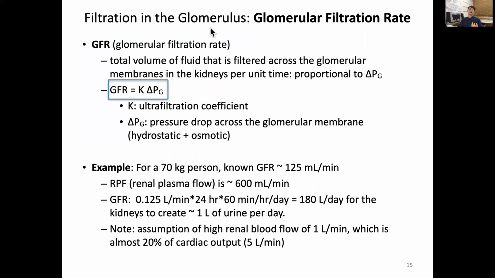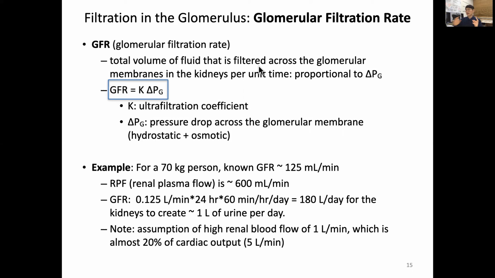So let's look a little more to define glomerular filtration rate. We want to consider the total volume of fluid that is filtered across the glomerulus membrane in the kidneys per unit time, which we define as glomerular filtration rate.